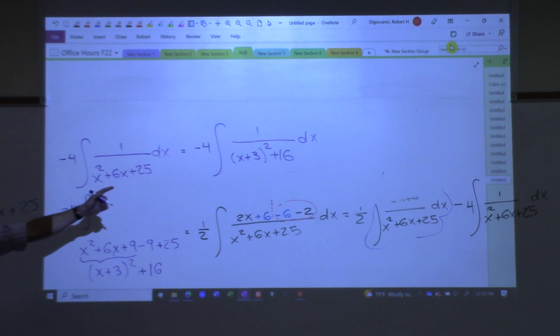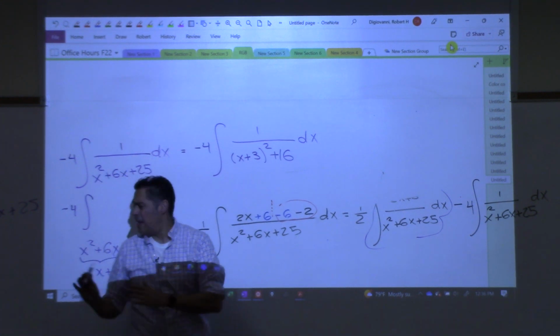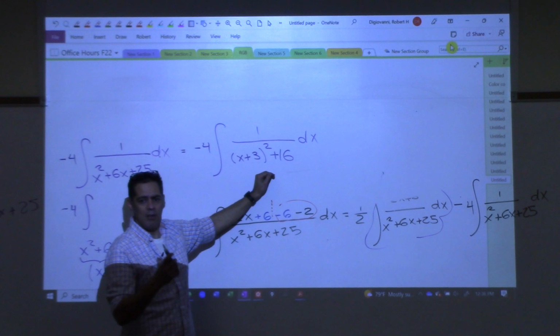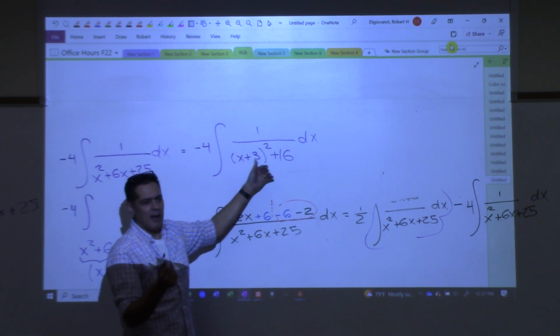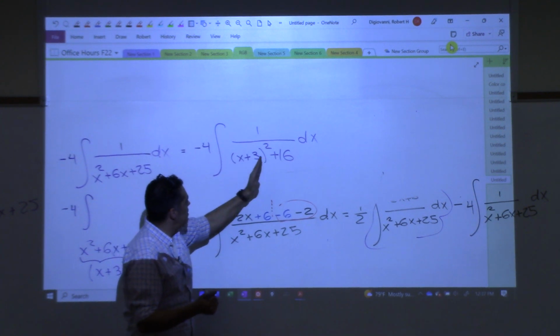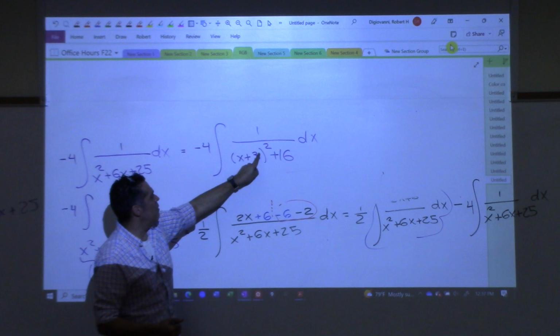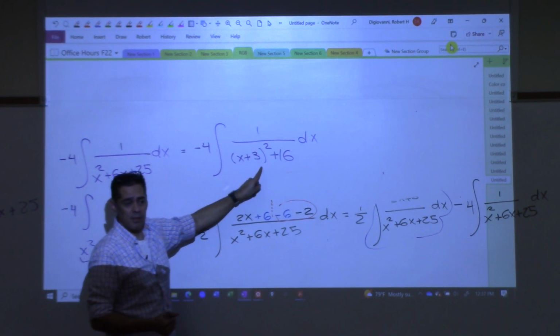Okay, why are we getting into that? Formula 17. Now, it could turn out that this is a minus. It depends on how the numbers work out for us. So it's either going to be formula 17 or 19 or 20, I believe, depending on how things are ordered. But in this particular case, this is formula 17. And it's very important that we realize that this right here is linear, or else we can't use formula 17.